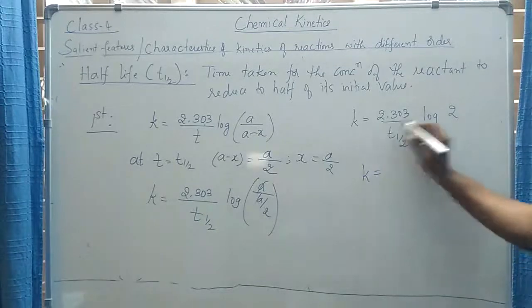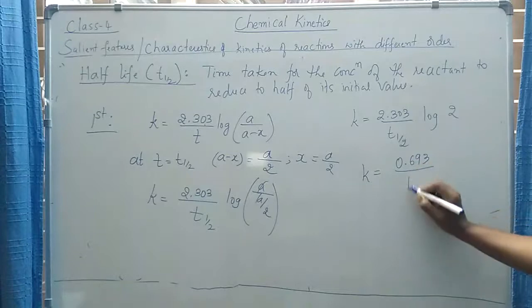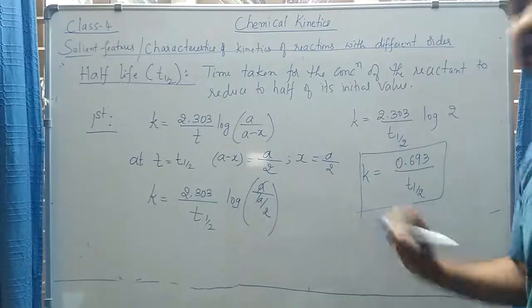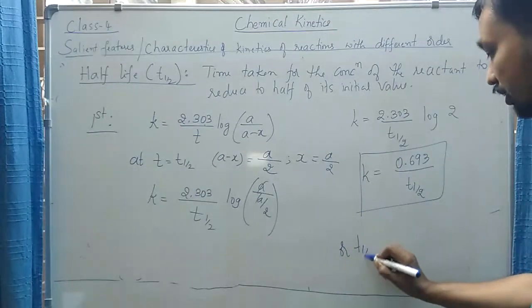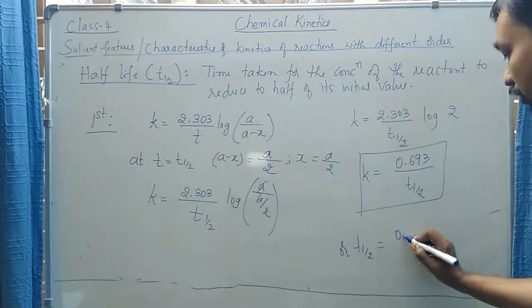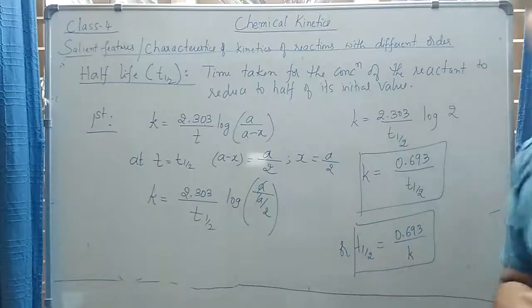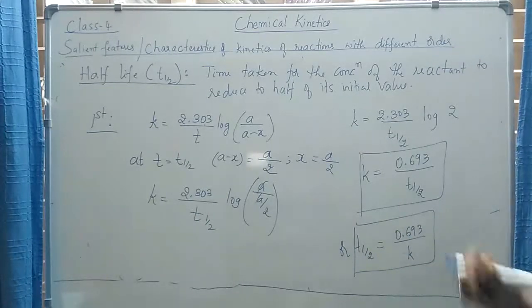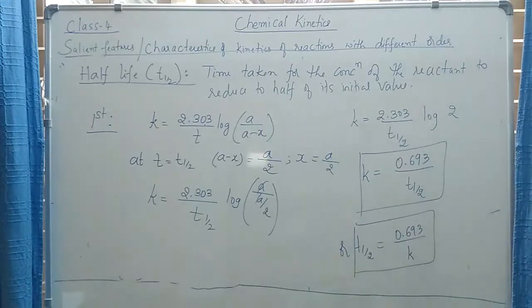If you simplify this, it becomes K is equal to 0.693 divided by T half, or T half is equal to 0.693 divided by K. So half-life of the reaction is 0.693 divided by rate constant, and remember this equation is only applicable for a first order reaction.